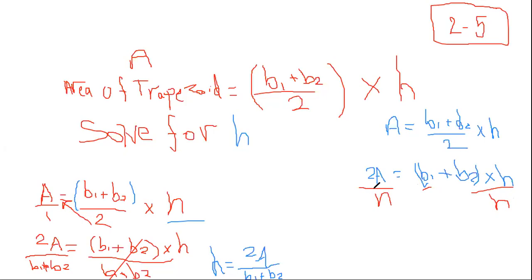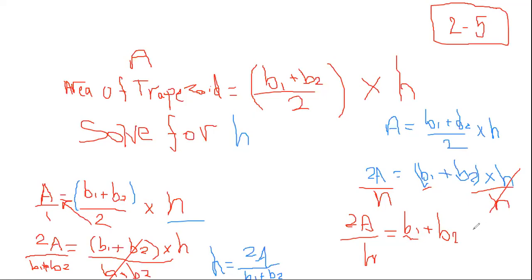Okay, then now I'm going to remove this one. So I have 2 area over height equals B1 plus B2. We are looking for B1, but in this case I have plus B2.